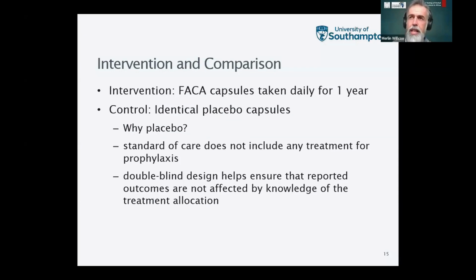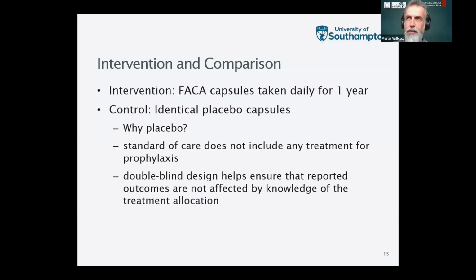So if the national guidelines recommended a certain treatment, then you can't really randomize people to placebo. For example, someone with severe hypertension, it may not be considered ethical to give them a placebo if there's already an existing effective treatment which is recommended in the guidelines.